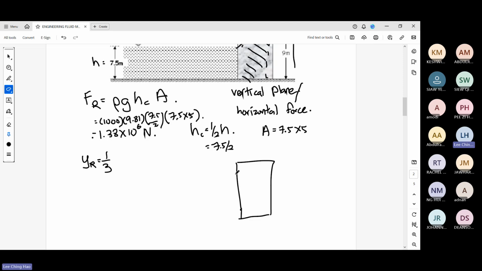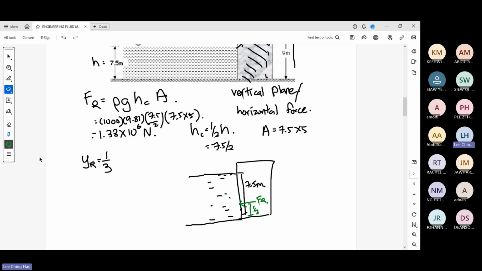Your water level is here. Ignore the 9, because what we see will be based on the water. 7.5. So for a vertical plane, the location will always be 1/3 from the bottom. This is F. The location is always 1/3.